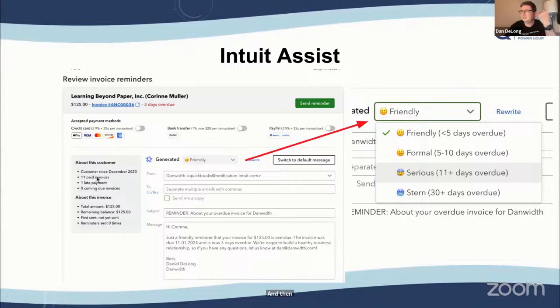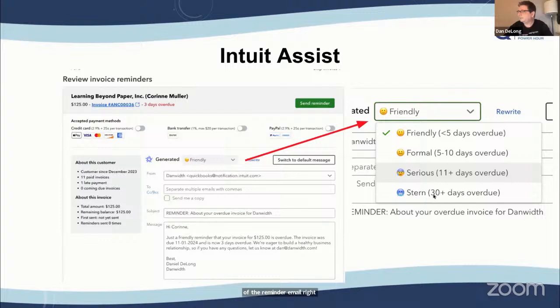Since December 2023, they paid 11 invoices. One time they were late. So it gave me some history and context right on the screen, and then gave me the ability to change the tone of the reminder email right there before I even sent it.